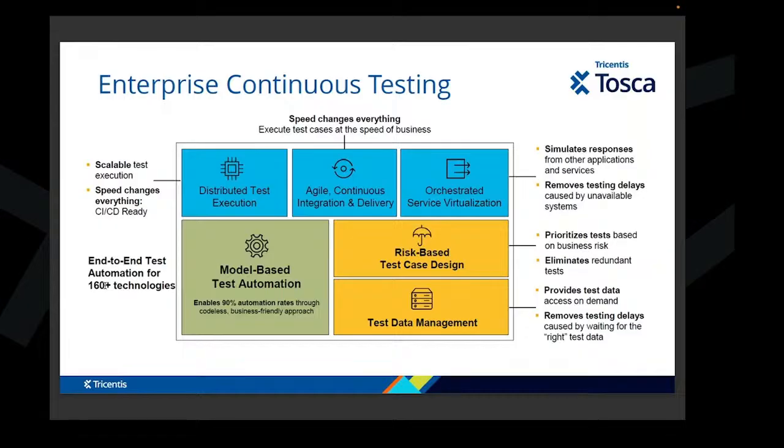We are going to learn how to create a test case design section, and also we'll see test data services, and the beauty of Tosca, that is orchestrated service virtualization. What does this mean, what does it do in real time, and why is it called orchestrated OSB? We will have a look into that in detail in our course.